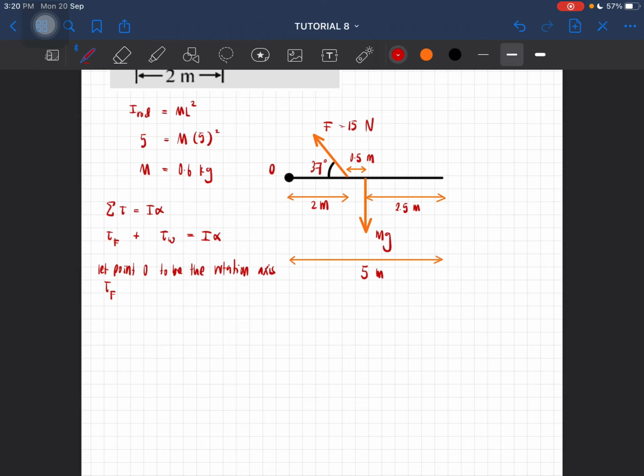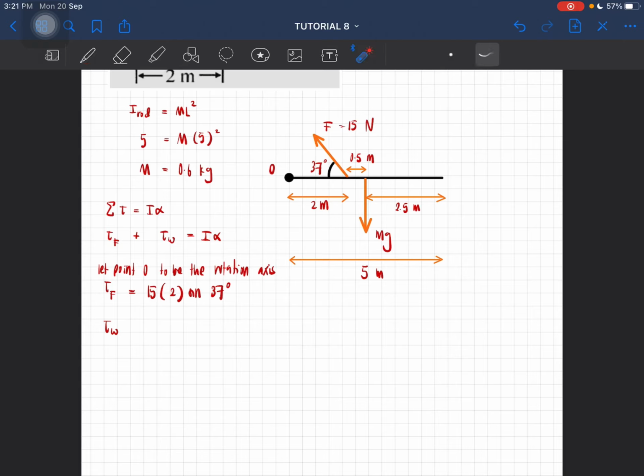The torque for the force is 15 times the distance, 2 sine 37 degree.